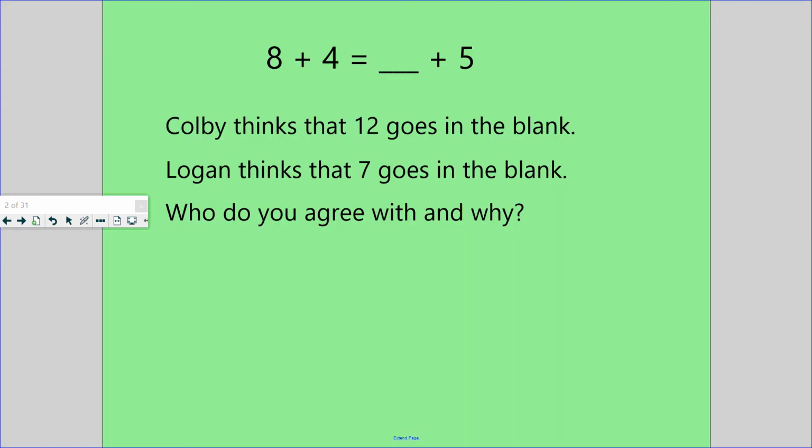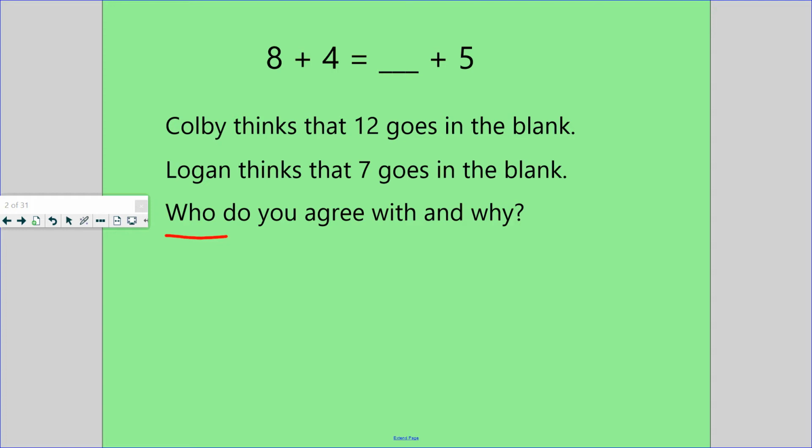So Kobe thinks that 8 plus 4 is equivalent to something plus 5. Kobe says that 12 goes in the blank, while Logan says that 7 goes in the blank. Who do you agree with?